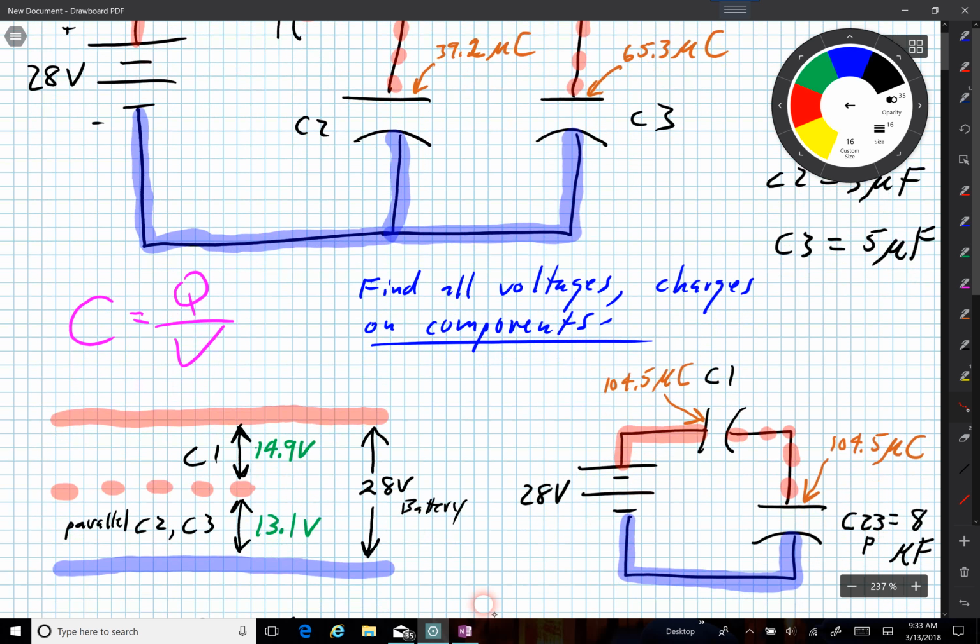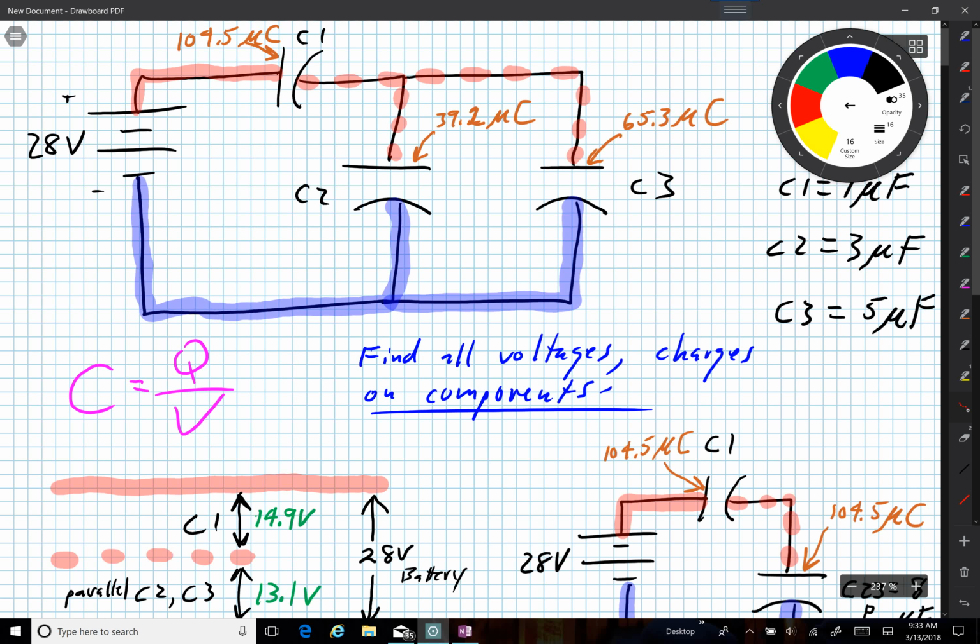In essence, down here, we've made the two capacitors into one, and so this one capacitor has a total of 104.5 microcoulombs of charge. Here I've just broken it into two capacitors, and the two together have to come up to 104.5, and they do.